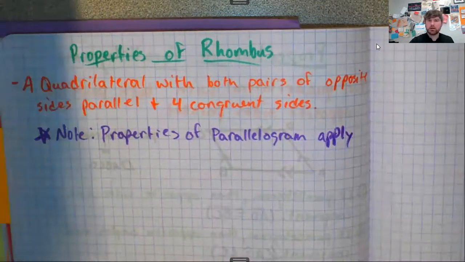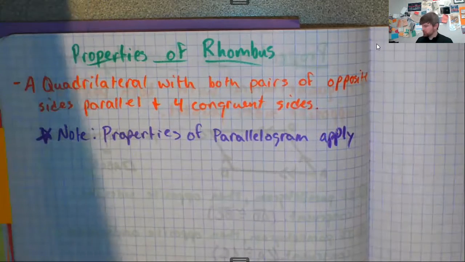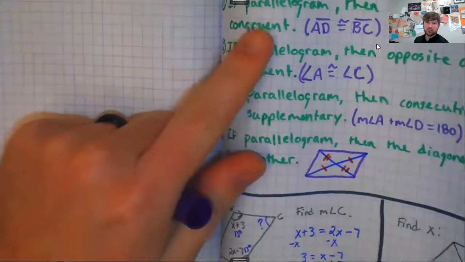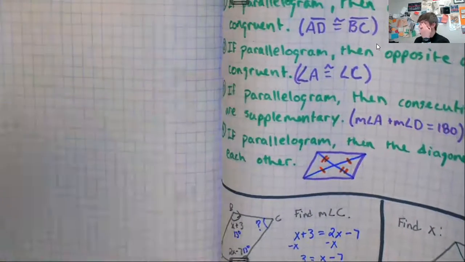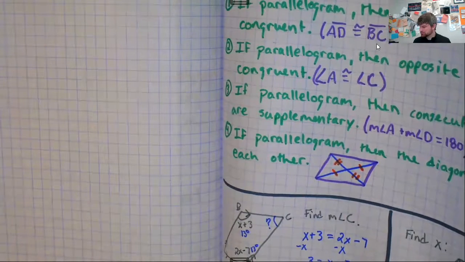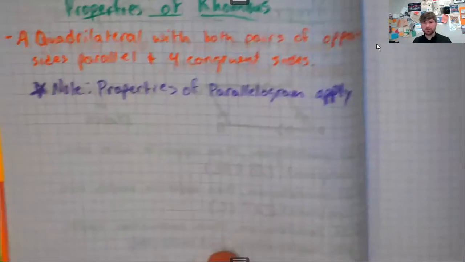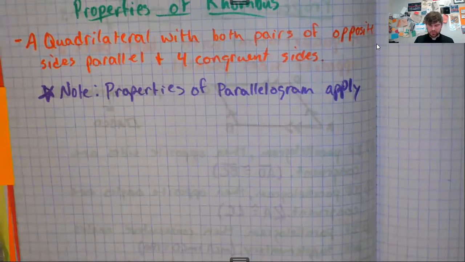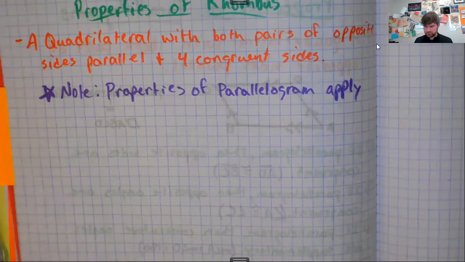Okay, so any properties that we had back on page 95. The opposite angles, the opposite sides congruent, consecutive angles are supplementary, and diagonals bisect each other. Those still apply. And we're actually going to get just a little bit more specific on some of them.